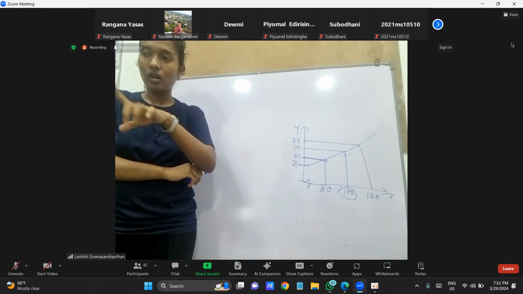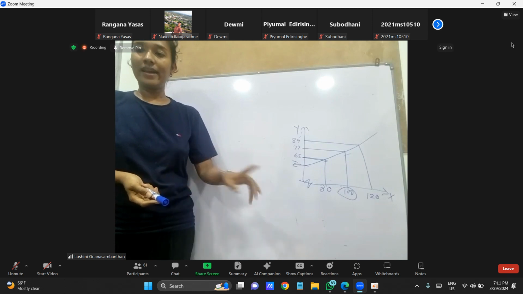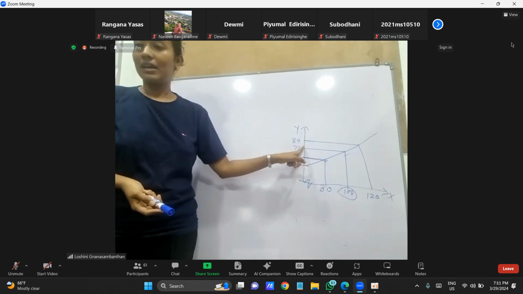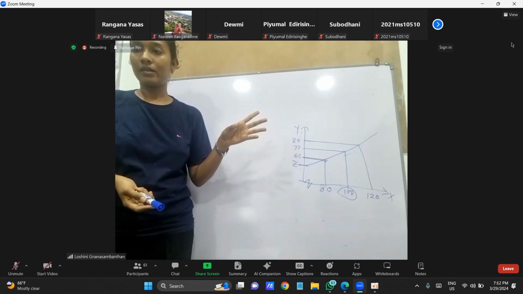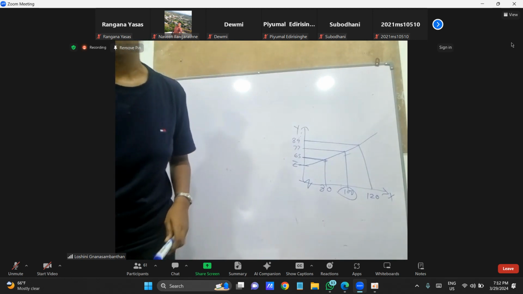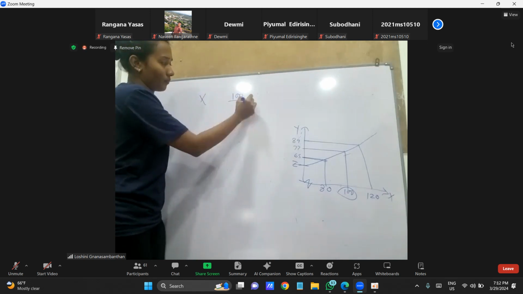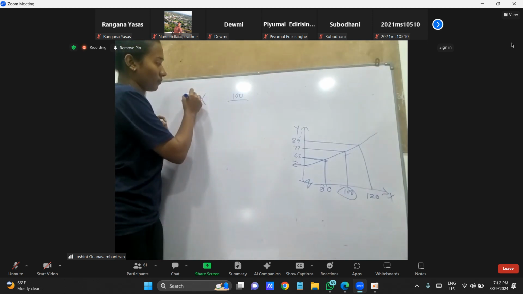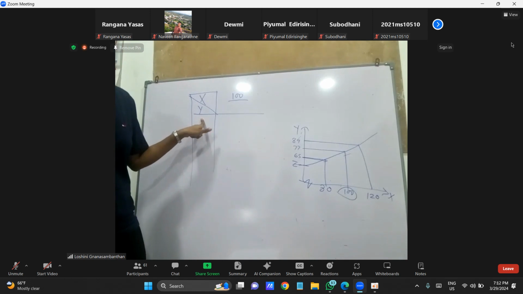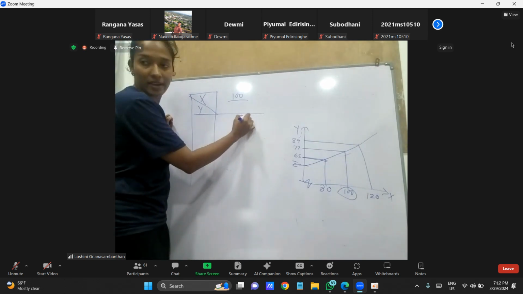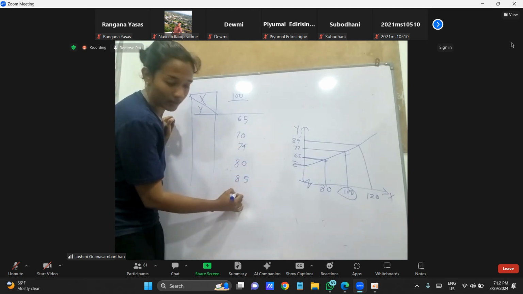In that column for 100, the y values are there: $65, 70, 74, 80, 85, 88.